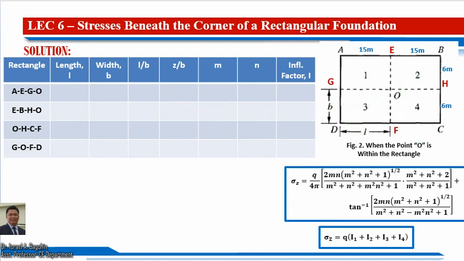So filling this up with values of our length and our width, we have for the first rectangle 15 meters for our length. This side 15, and also for the other rectangles 15.